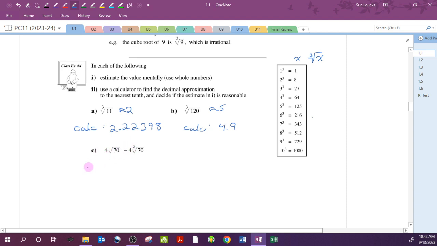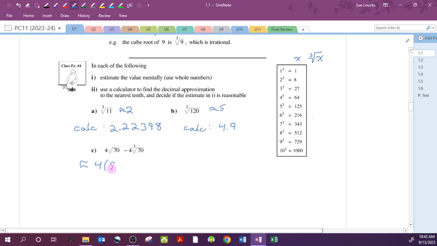And this one, my estimate is going to be 4 times the cube root of 70, it's closer to 4, so close to 4. Oh, sorry, that's the square root of 70. So the square root of 70: 7 squared is 49, 8 squared is 64, 9 squared is 81, so it's closer to 8.